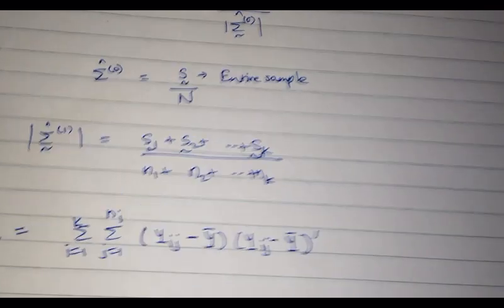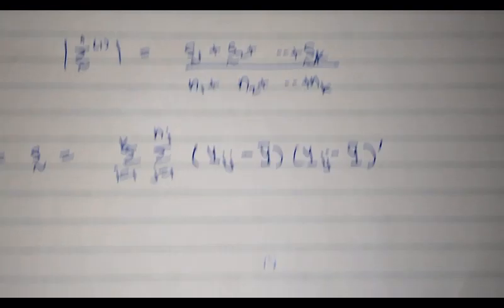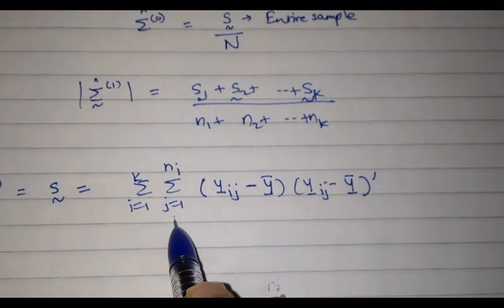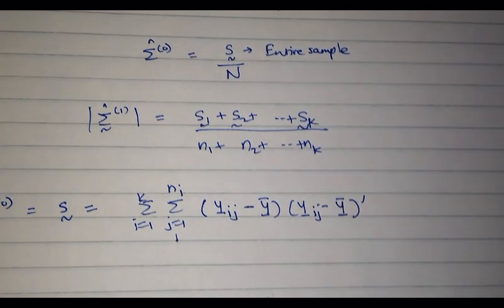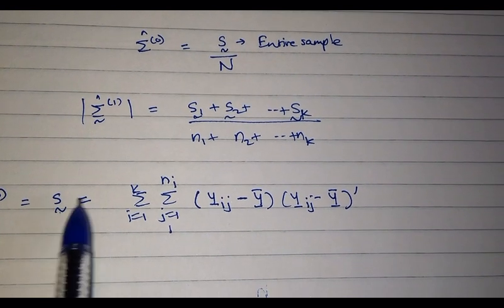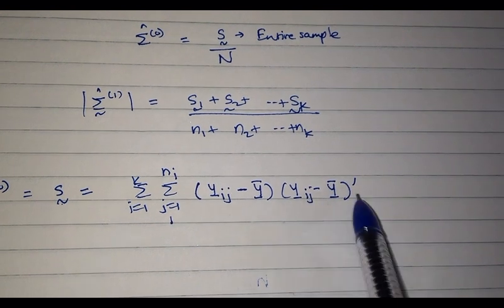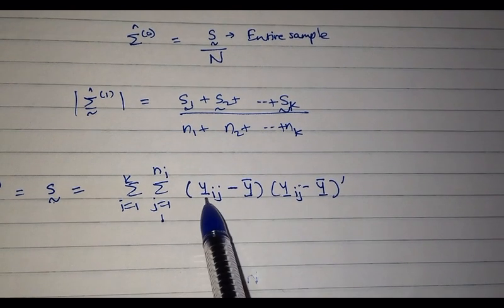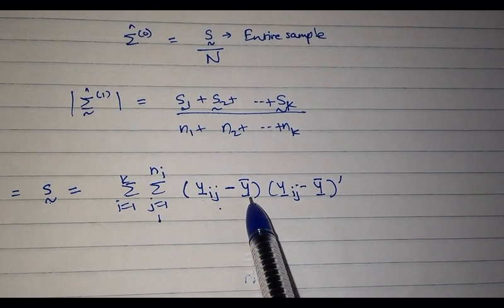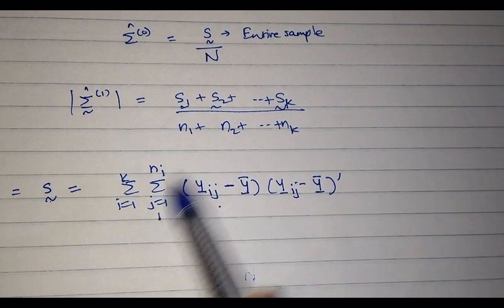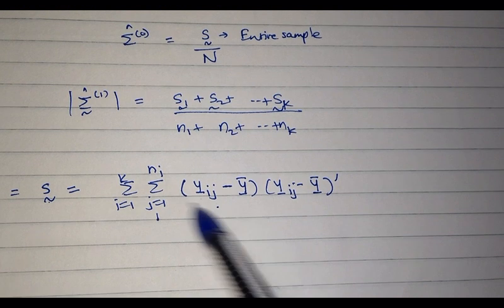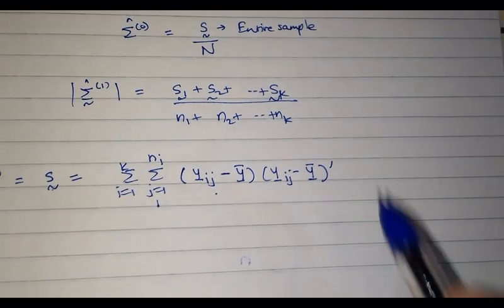First, let us see if you actually understand what is happening. In S, I need a sum of squares kind of term for every observation. So for every Yij, I take its deviation from the overall mean, multiply it by its transpose, and take the sum over all of them, over j and over i.